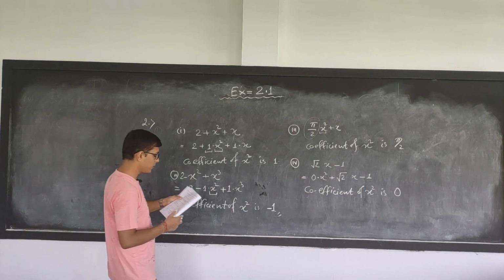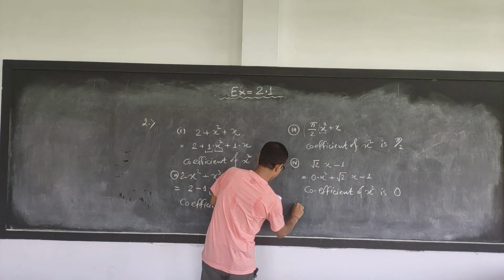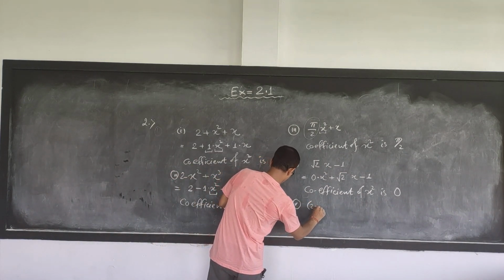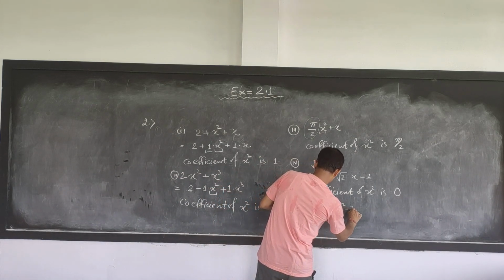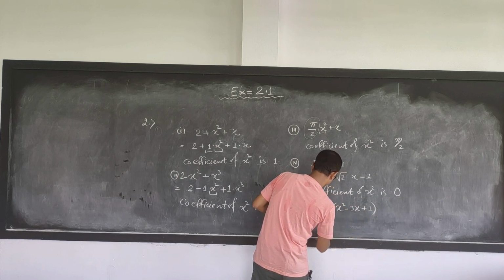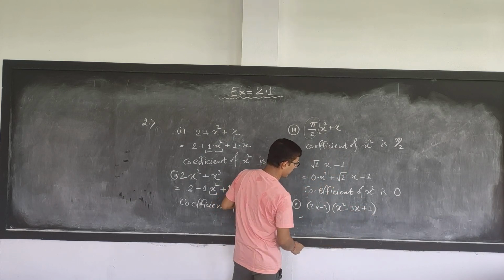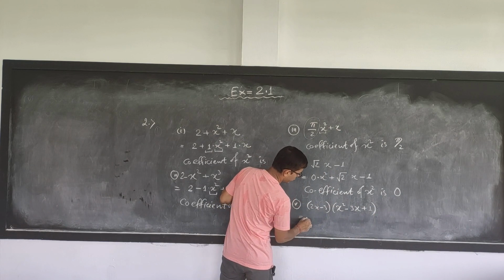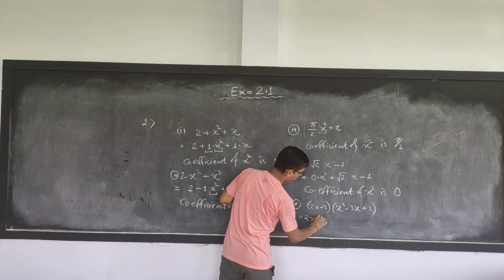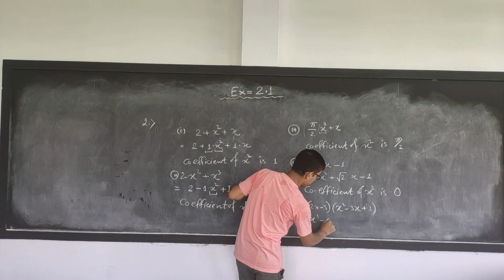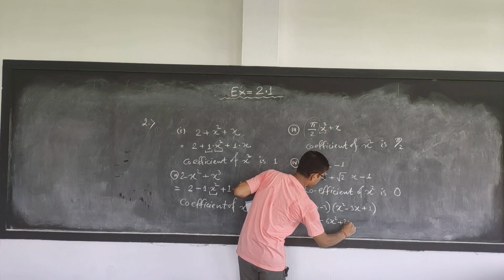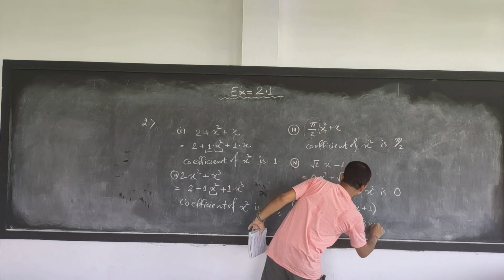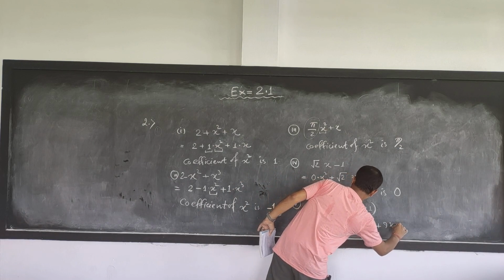After that, the next one is you need to multiply this: 2x minus 3, then x squared minus twice x plus 1. If you multiply it, only then will you get the coefficient. So let us multiply. 2x into x squared, 2x cube, minus 6x squared, plus 2x, minus 3x squared, plus 9x, minus 3.